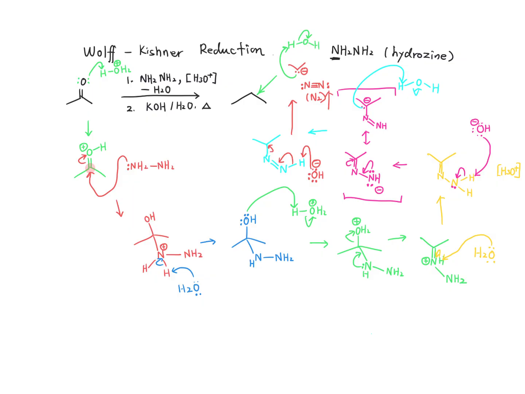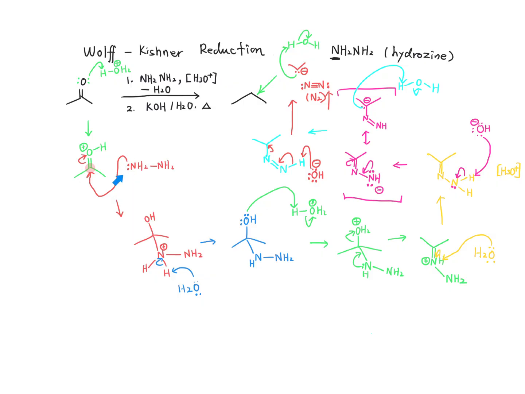So that is the reaction mechanism of the Wolff-Kishner reduction. The first reaction is basically a nitrogen-based nucleophile under acidic conditions. Proton transfer makes a more positively charged carbon, more electrophilic.